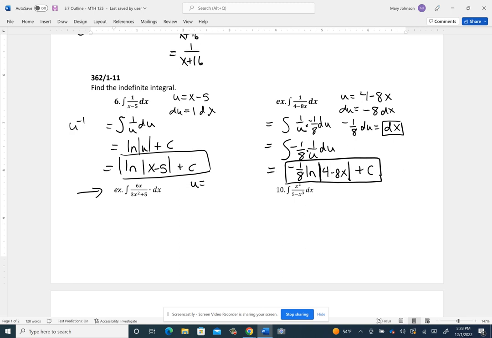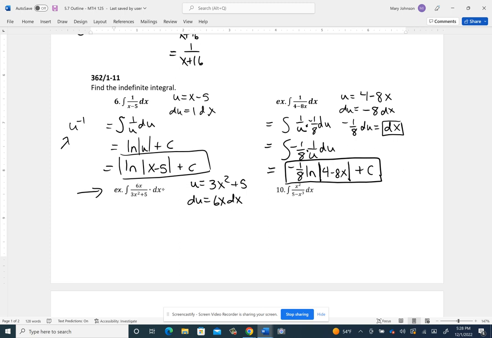And you are kind of doing that, but when you let u equal 3x squared plus 5, the du equals 6x dx, like that. And you make your substitution, it's going to give you a situation of this type. And so it's not going to turn out to be a power rule problem. It's going to involve logarithms.